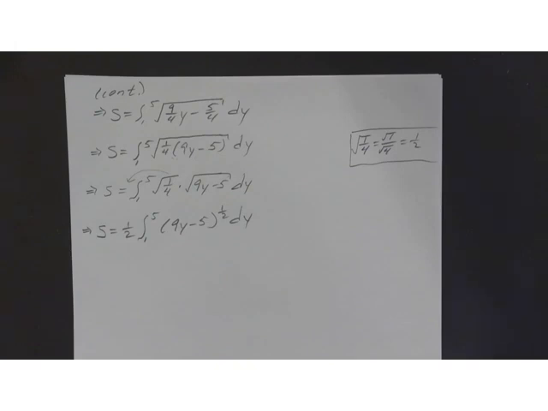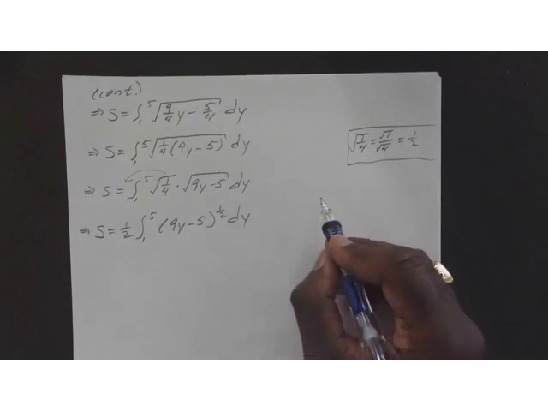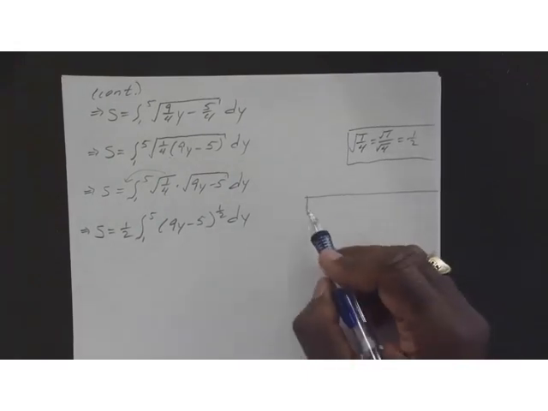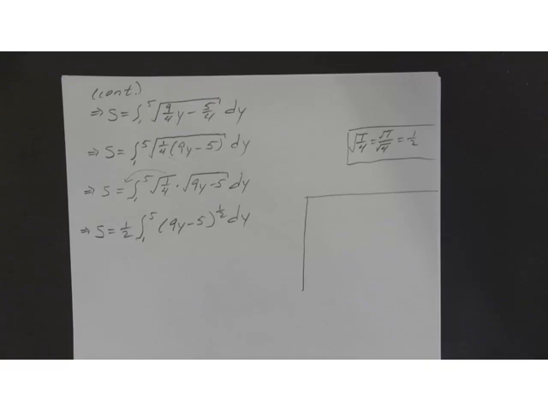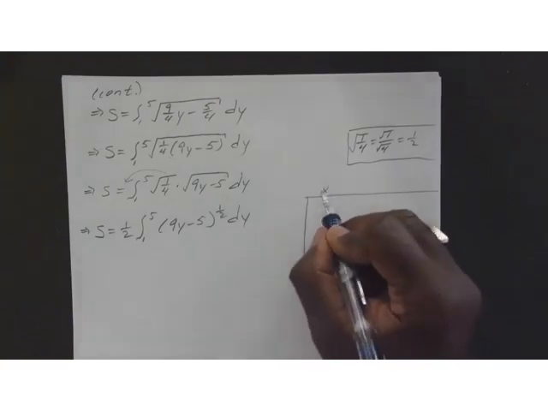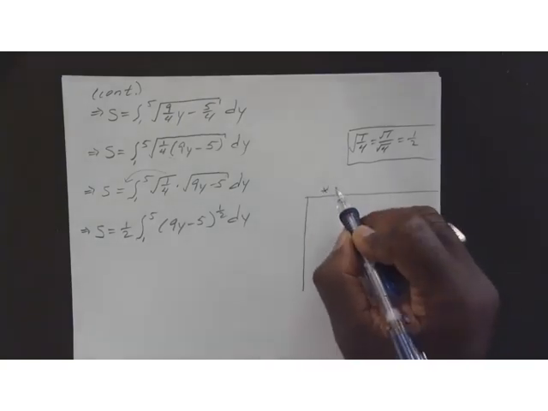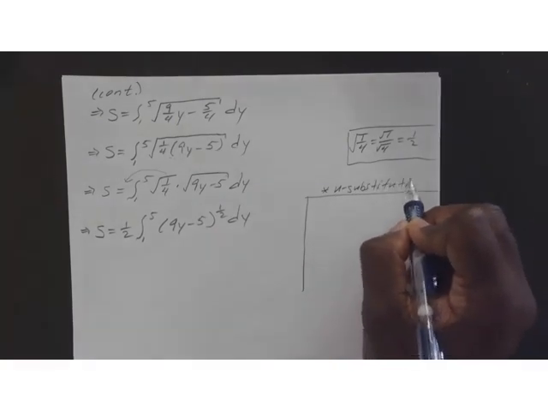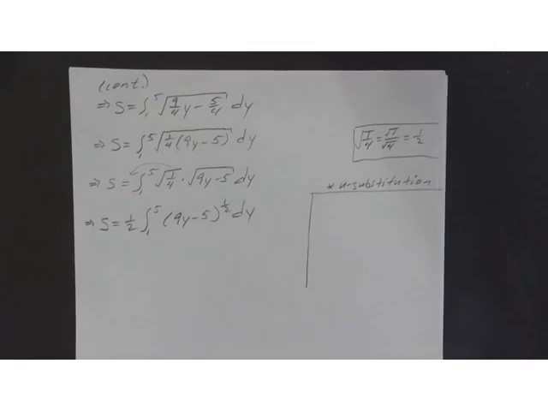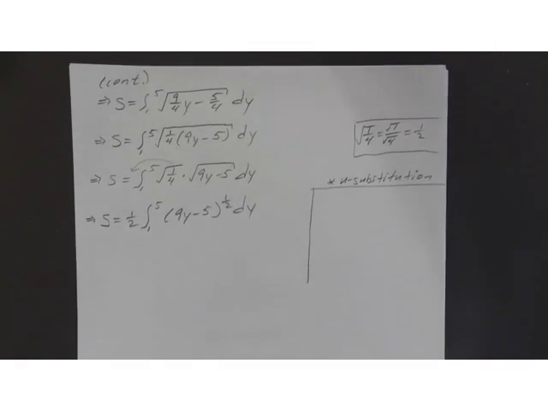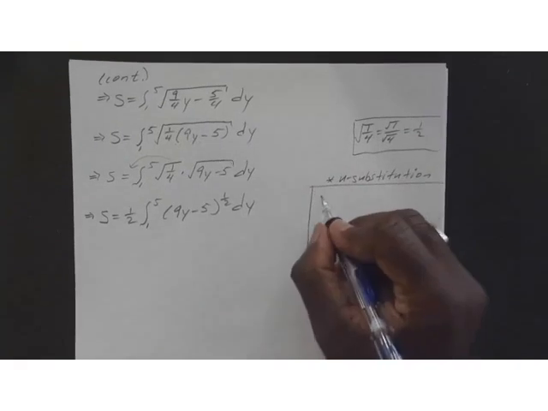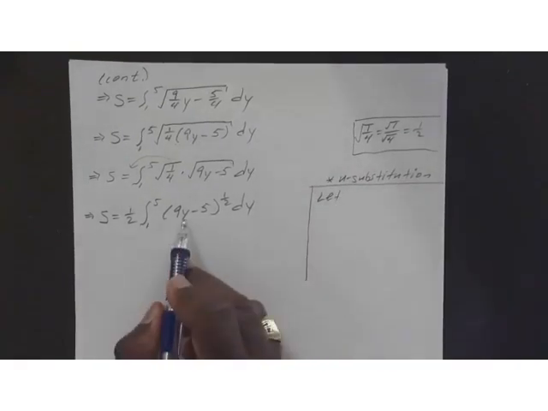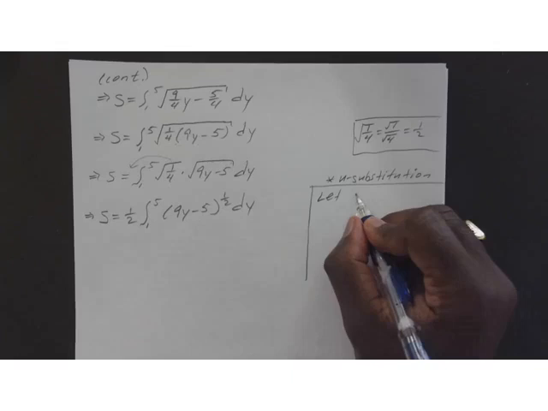So again, we couldn't convert it into a perfect square trinomial because it was linear, but we can do the next best thing and convert it to a problem where we can use U substitution. So what if we let u equal 9y minus 5?